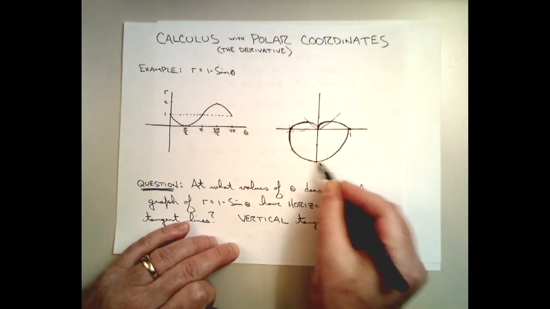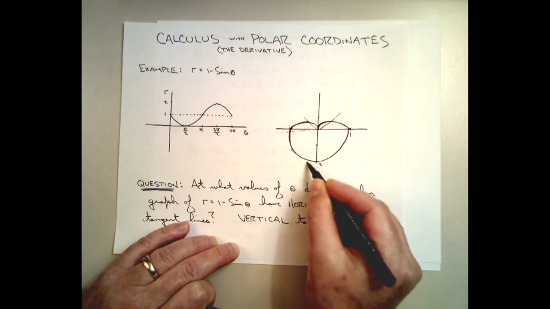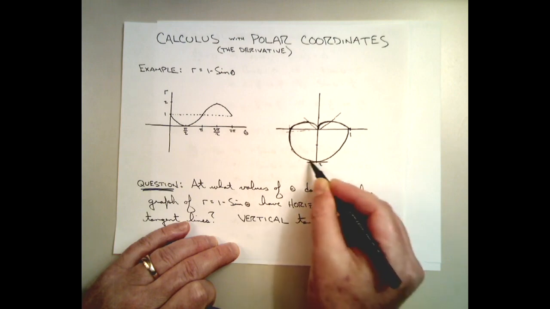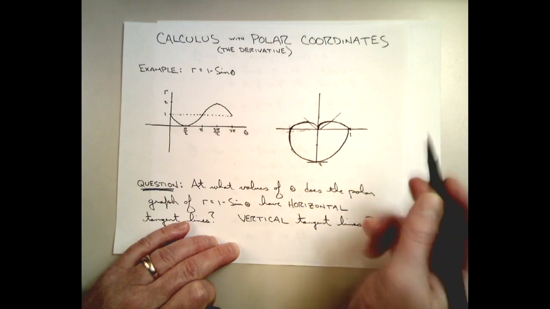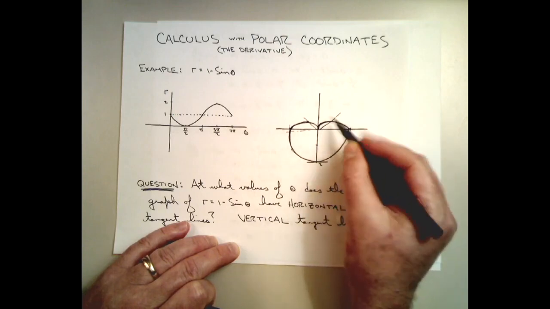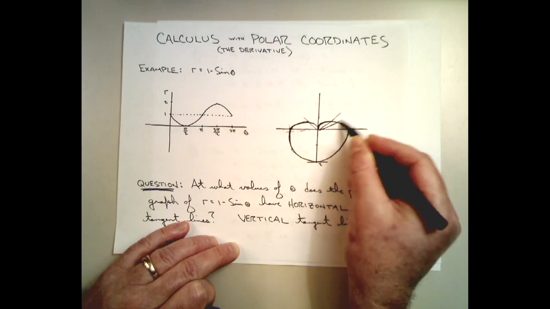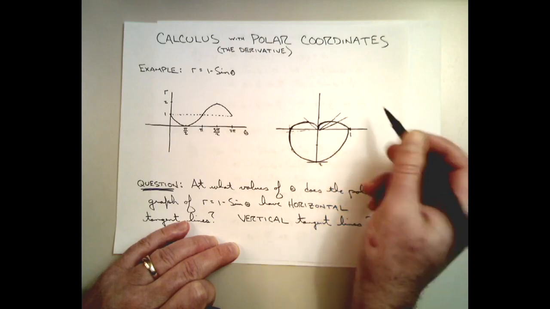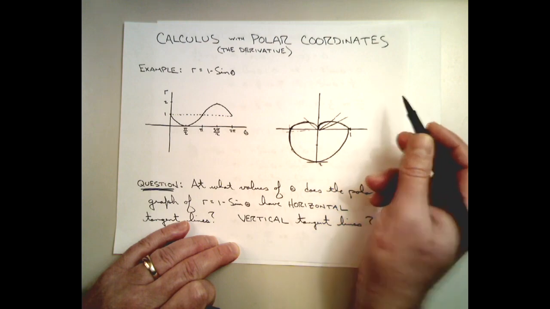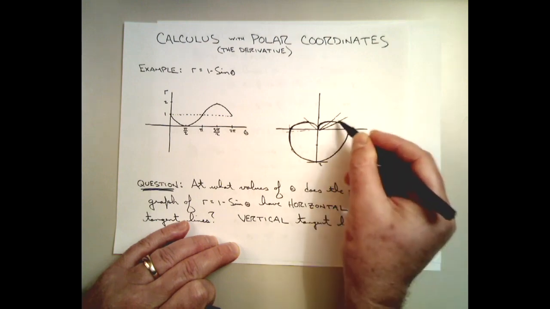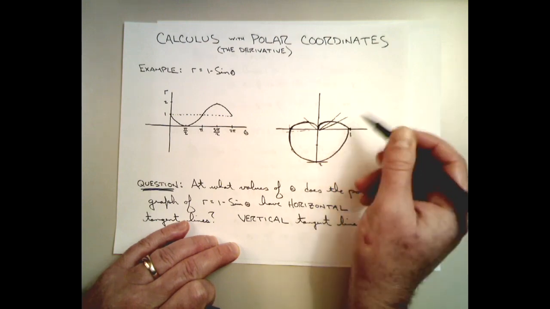Well, there's our 3 pi over 2, right? That one we were pretty sure of. And now we've established that whenever the angle is pi over 6, that looks about like this. Whenever the angle is pi over 6, that's about where my horizontal tangent line should be. So I need to refine that a little bit.